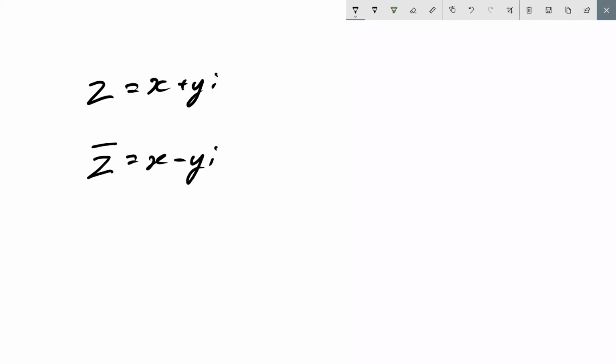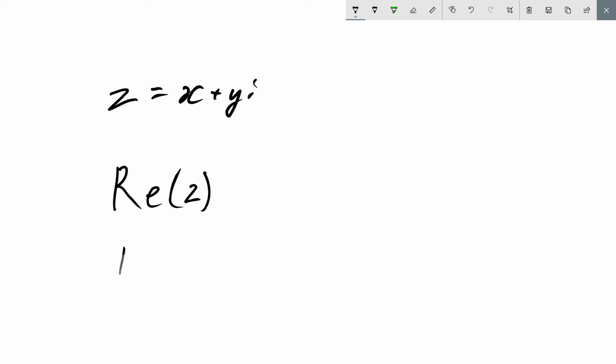So now let's look at some notation quickly of z. So if z is equal to x plus yi, we have two functions that we can apply to z. One is the real and one is the imaginary part of z.